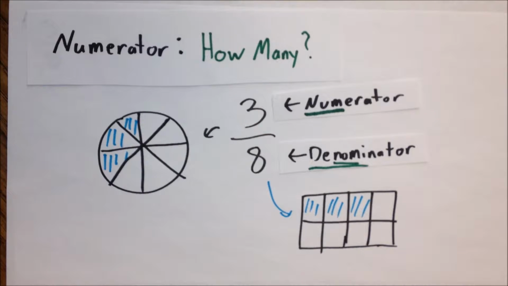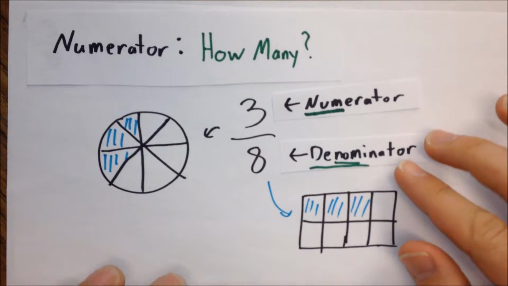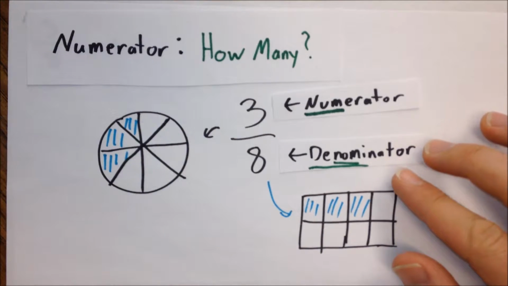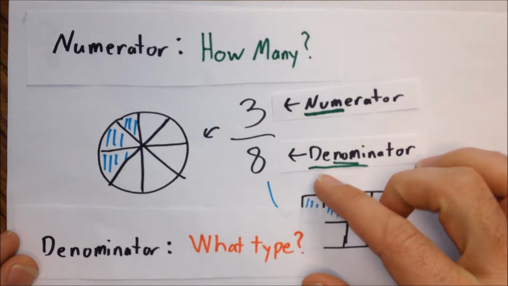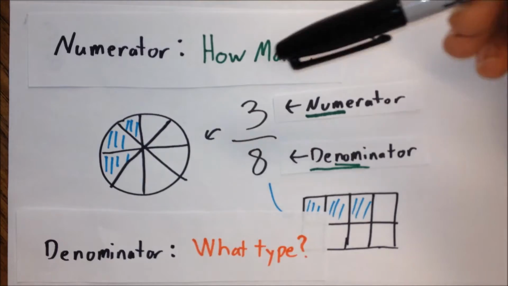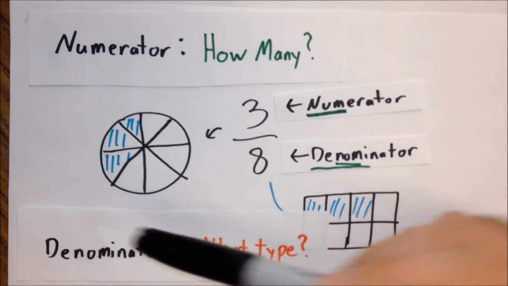When we talk about churches in our modern society, we often call them denominations. What we've done is we've split all the churches up into groups, and we've called them by certain names. Denominating is kind of separating by name, and so what you'll notice is that your 8 tells us what type of object we're splitting up. So I'm going to put this phrase here: the denominator tells us what type. My numerator tells me how many. I have 3. My denominator tells me what type I'm working with.